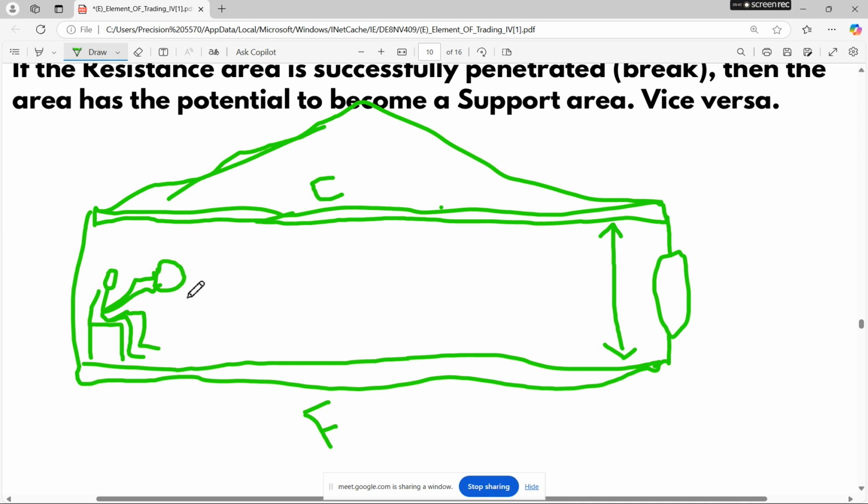When you throw this ball down with a lot of pressure, it will bounce off from the floor, coming up to the ceiling, bounce off from the ceiling, coming down to the floor.